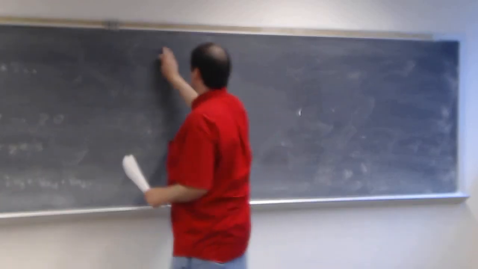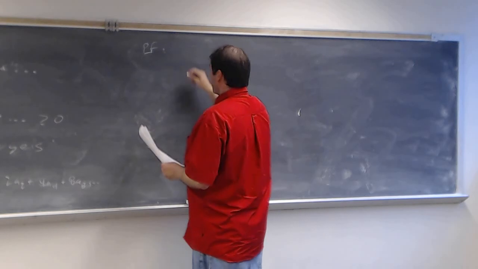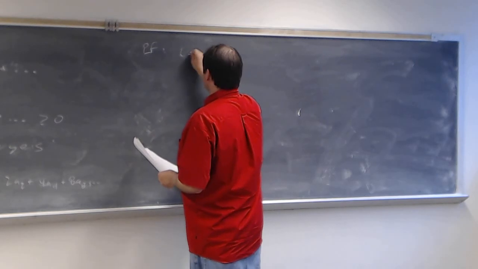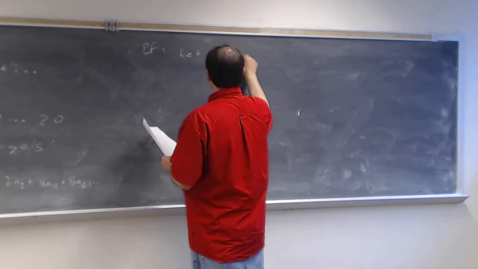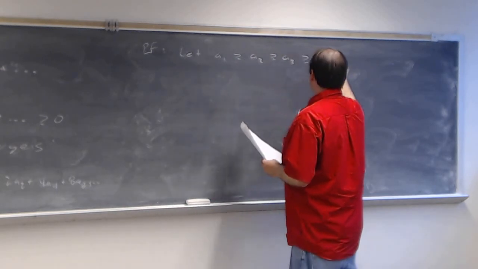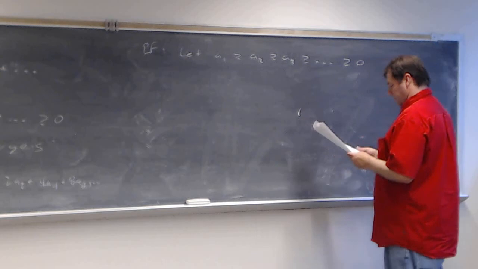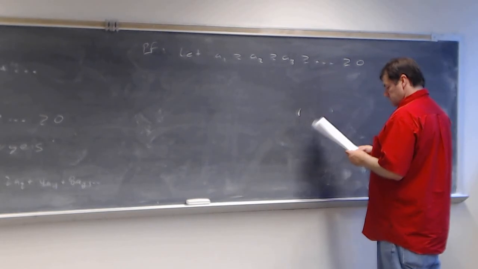Okay, here's the proof. So we'll let a sub 1 be greater than or equal to a sub 2, greater than or equal to a sub 3, and so forth, all the way down with everything greater than or equal to 0.